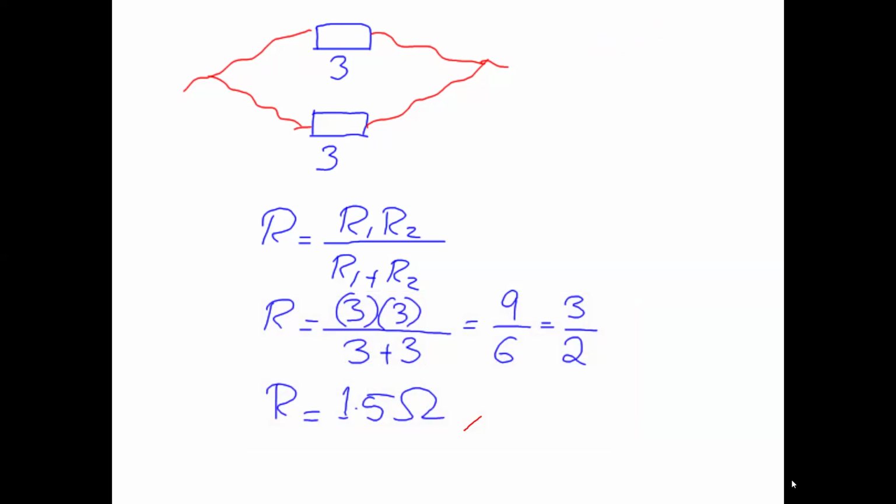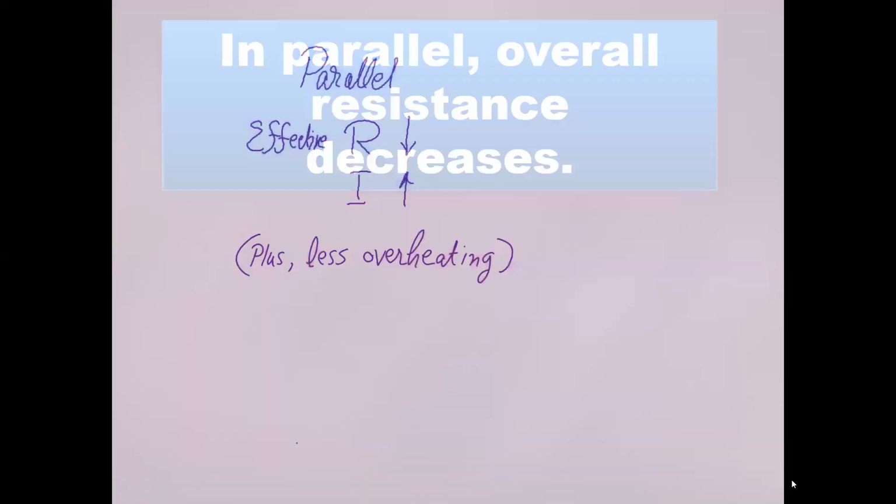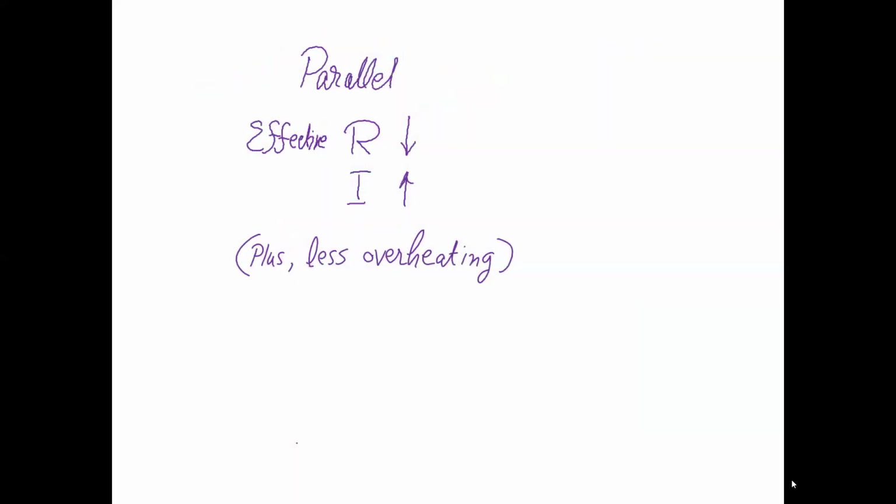You're getting 1.5, right? Yeah. Good. In parallel, overall resistance decreases, effective resistance decreases, so less overheating. In parallel, the circuits are less overheated because in parallel, effective resistance decreases.